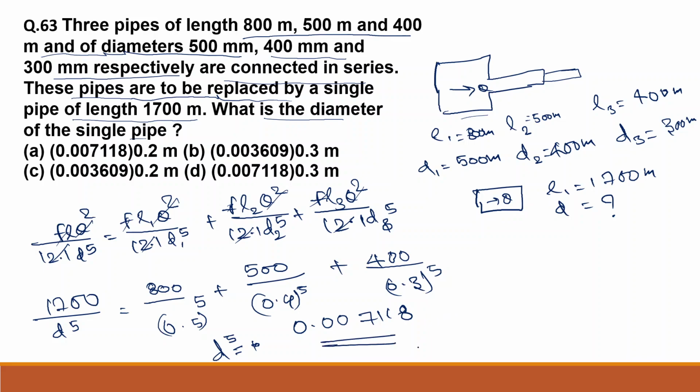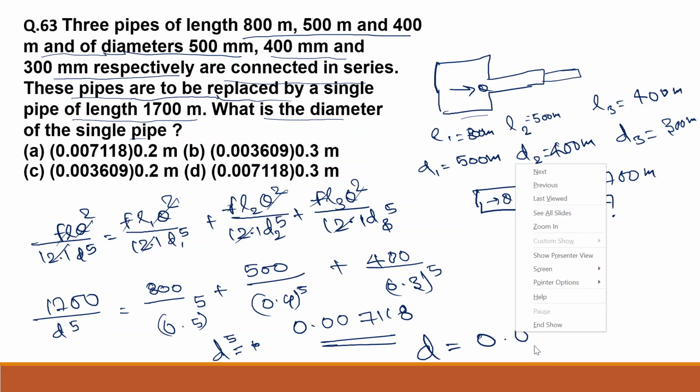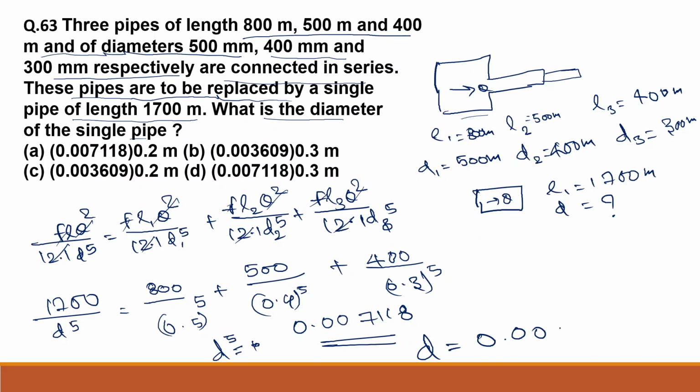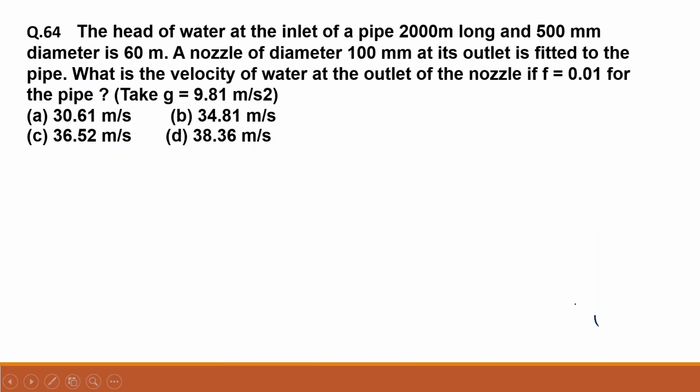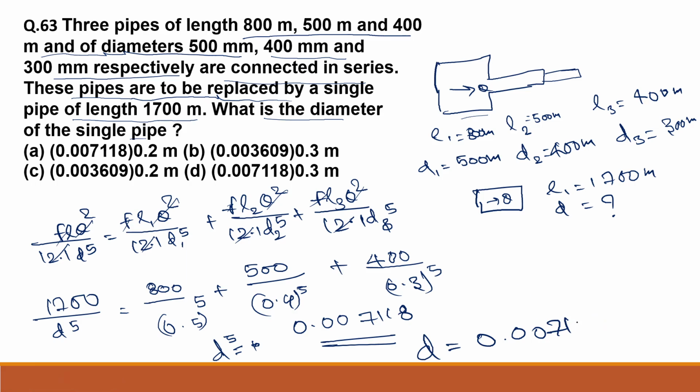By converting it, d is equal to 0.00711. This is our answer in meter. Which option is right? Option first will be your answer.